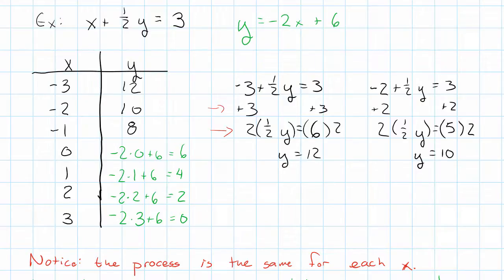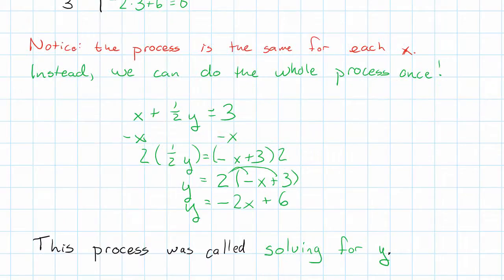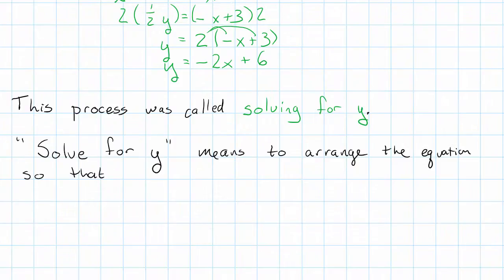This process, where we arrange the equation so that in order to find one of the variables we just need to do arithmetic, is called solving for that variable. In our specific case, we've just solved for y. This process of solving for y means we arrange the equation so that two things happen.